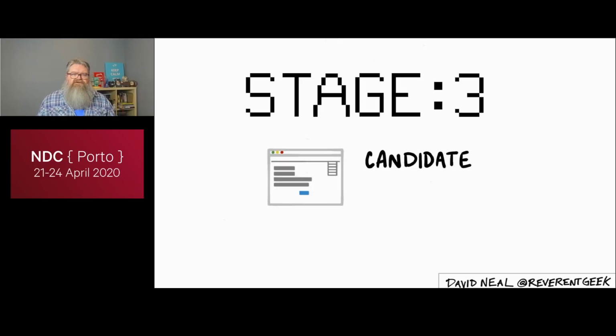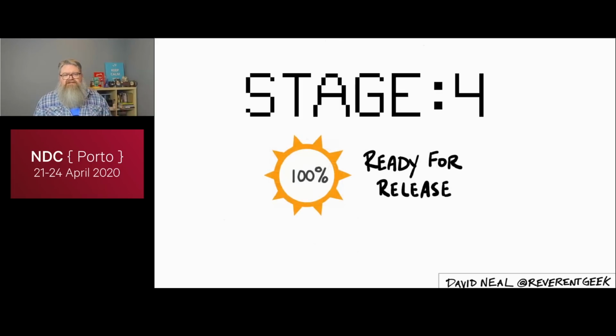If there's enough feedback that comes back to say this is not ready for production, this is not ready for the real world, then some proposals may never reach the next stage, or they may stay in that stage for a long time until it's finished. So when something gets to stage 4, it is finished.